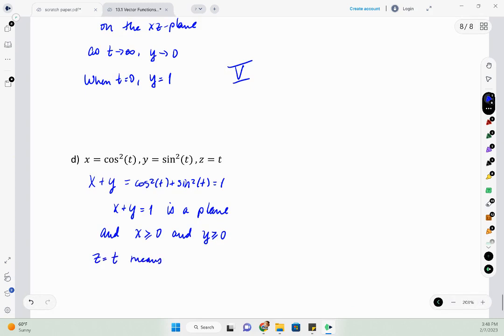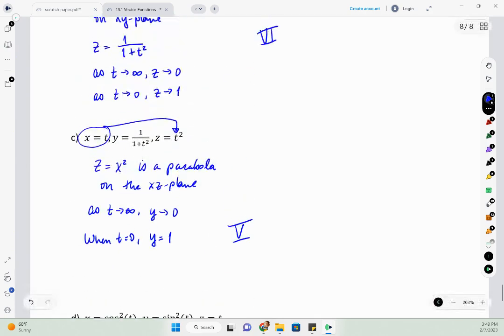means, well, z is like an angle. So as t increases, your angle is changing. Okay, let's see what ends up happening there. Let's go up and look.